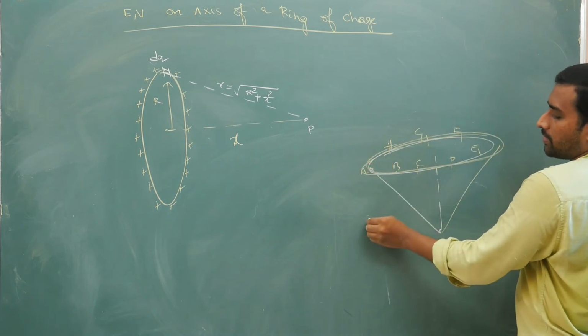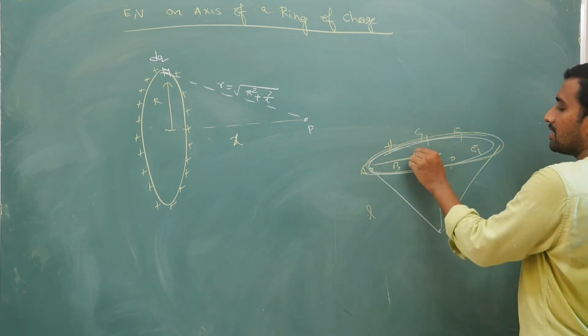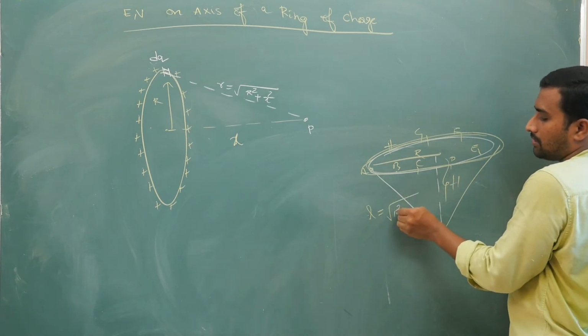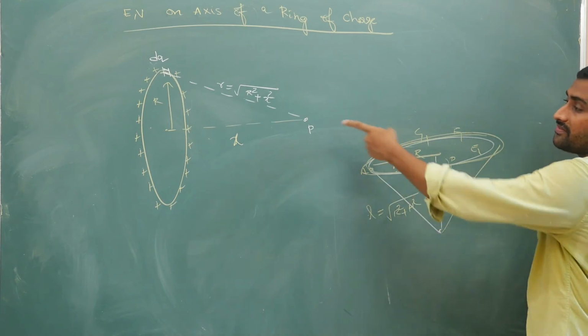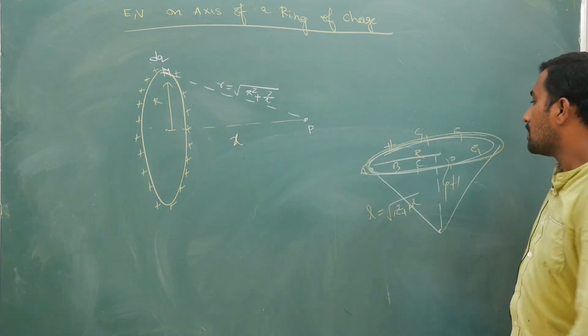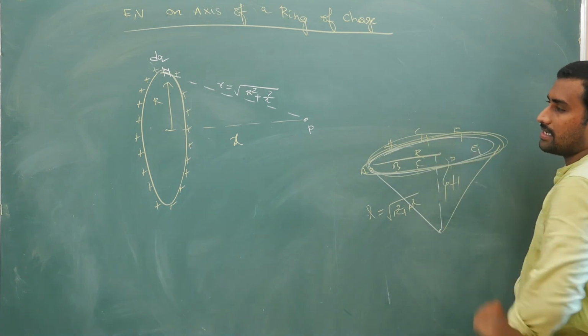So all the points will be at a distance of the slant height. If this is R and this is H, your slant height is under root R square plus H square. Only difference is instead of height H, you have x. So it will form a conical region like this.